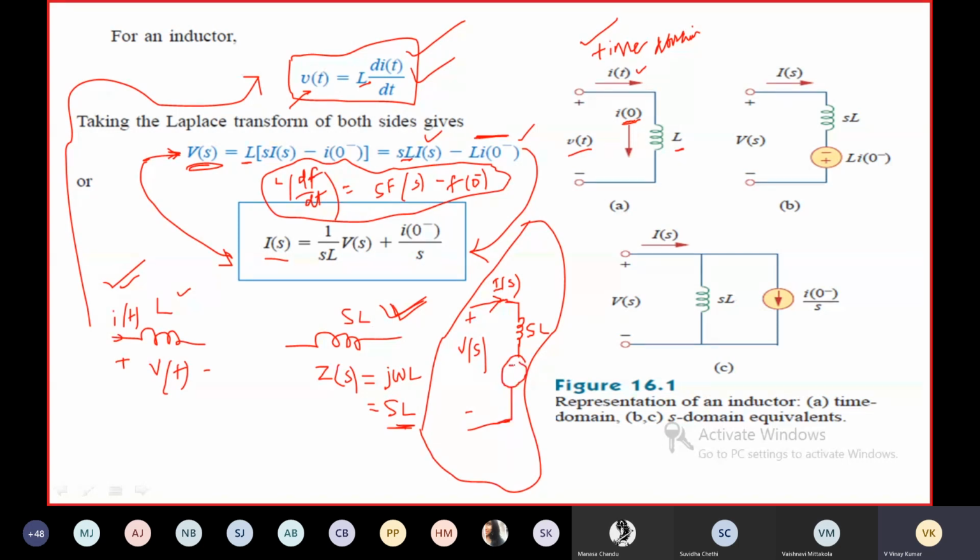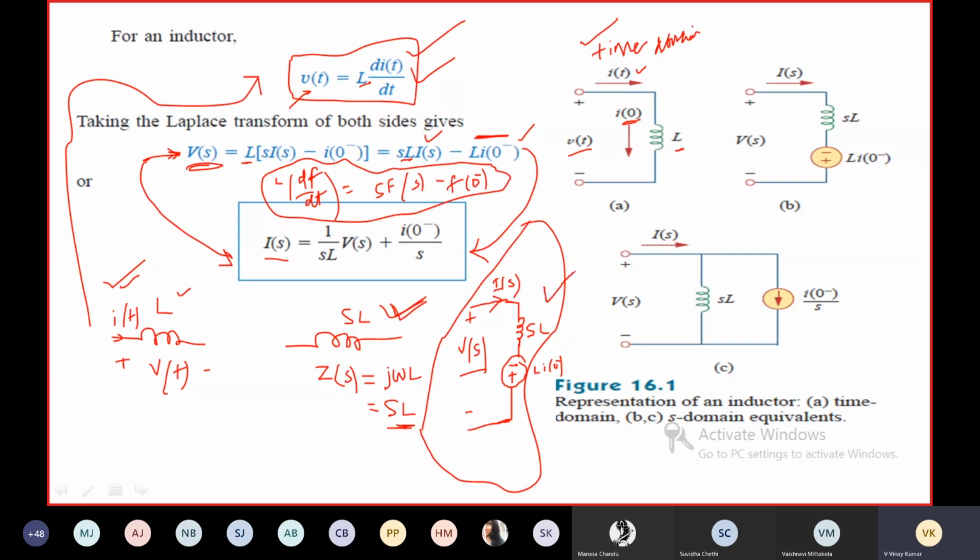So the first terminal would be minus, second terminal would be plus. If you put this plus-minus, then you have to write it as minus L i(0-). Now check whether it is correct: V(s) is equal to I(s) into sL plus this voltage, so V(s) is equal to sL I(s) minus L i(0-).